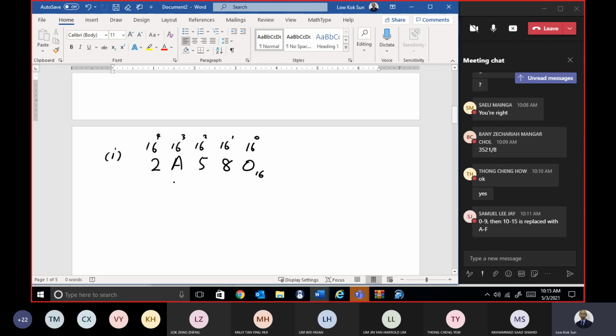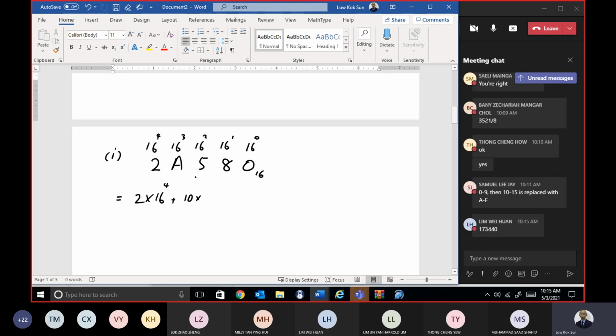Each of them has a value. The front one has higher value, and so on. Let us work out quickly. Use your calculator. And then A. Now A means what? 10. So be careful, A means 10, because we want to change into our system 10.